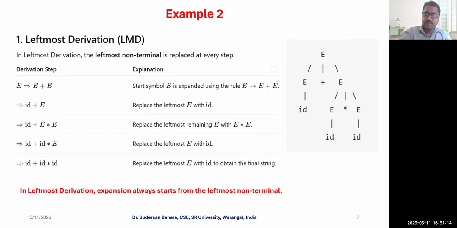So if you traverse the tree, ID plus ID into ID. So yes, you got the string, right? So this is your leftmost derivation. If every time the leftmost variable gets replaced, that is called leftmost derivation. Same thing you can realize in rightmost derivation.